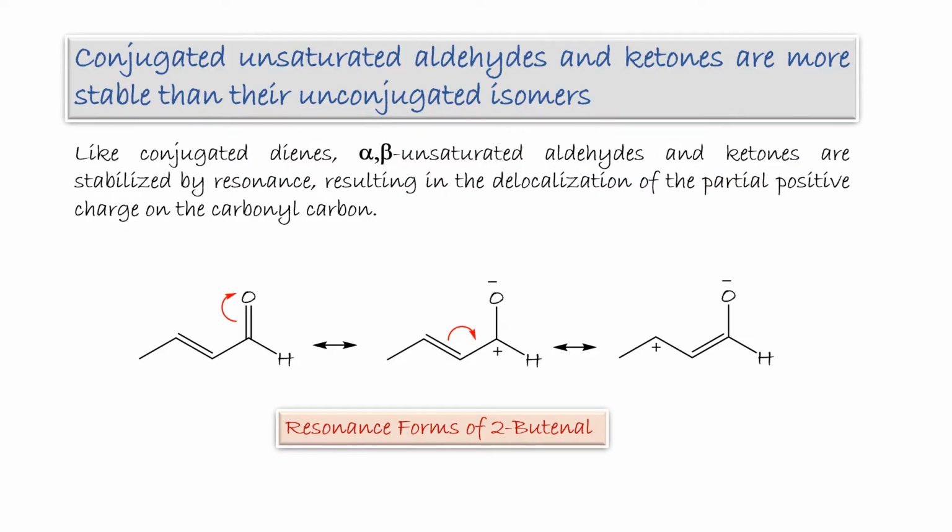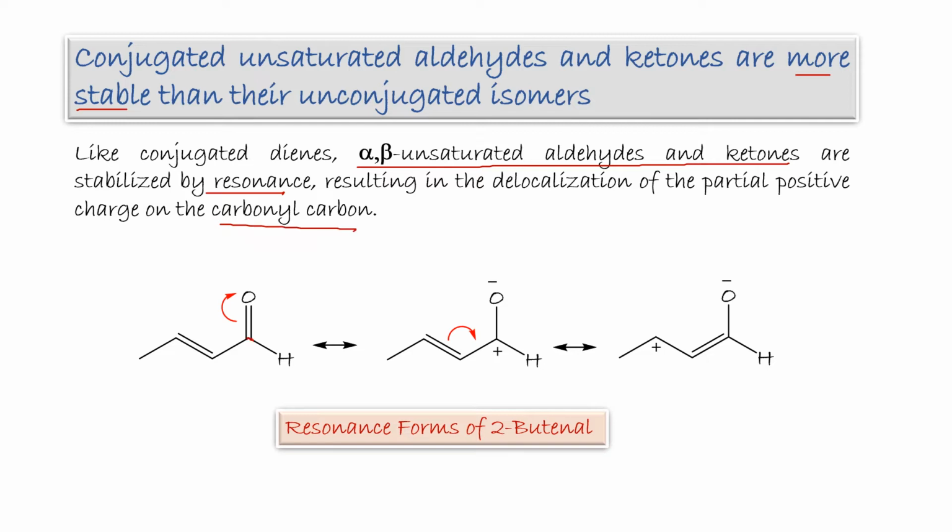Conjugated unsaturated aldehydes and ketones are more stable than their unconjugated isomers. Like conjugated dienes, alpha beta unsaturated aldehydes and ketones are stabilized by resonance, resulting in the delocalization of the partial positive charge on the carbonyl carbon.